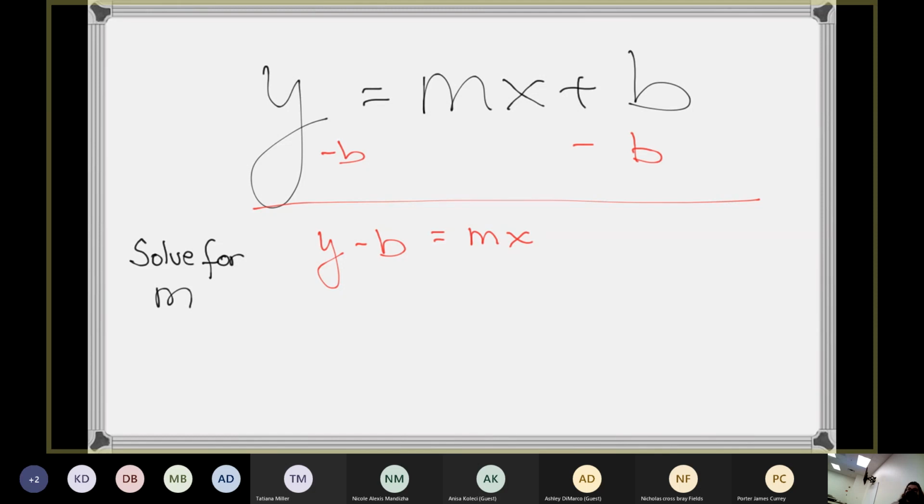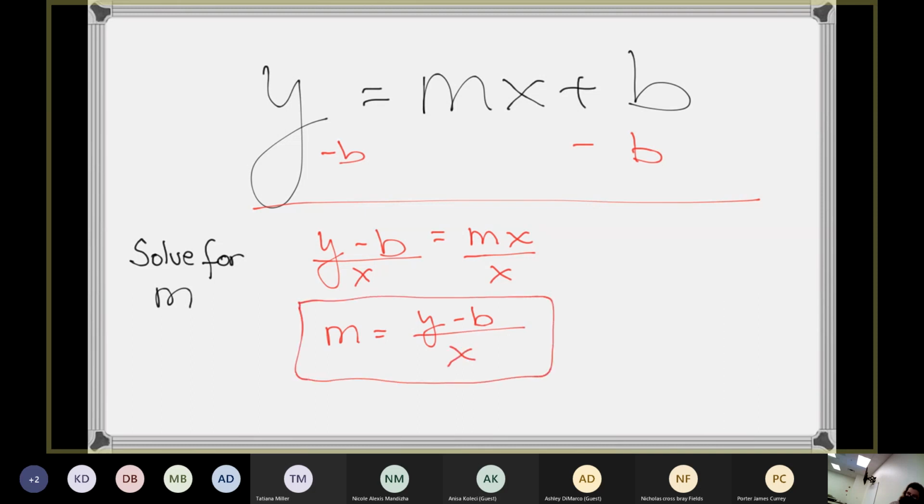And now Danielle says we're gonna divide by x both sides, and again, just leave it like so. M is equal to y minus b over x. Don't be fancy, that's it. At least not yet.